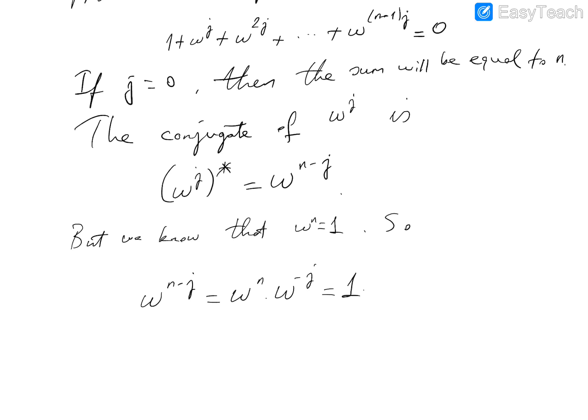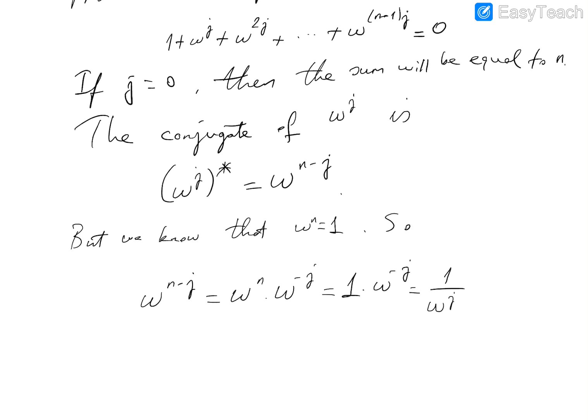This is 1 times omega to the minus j, and that's equal to 1 over omega to the j. Okay? So the complex conjugate of omega to the power j is simply 1 over omega to the power j.